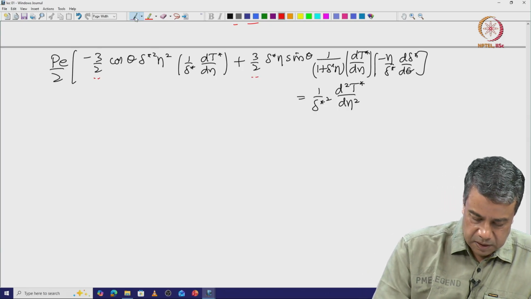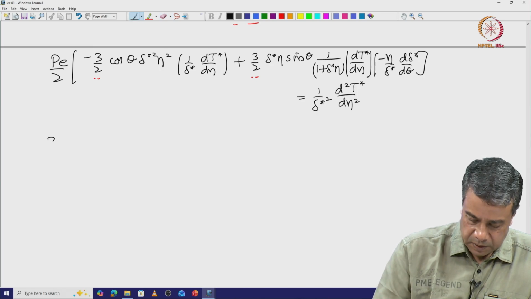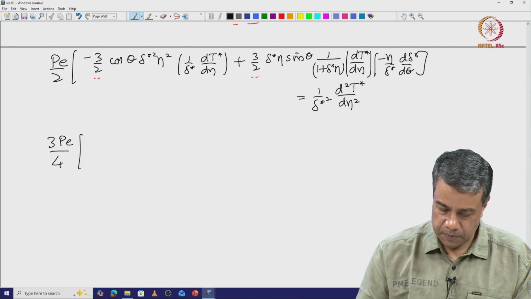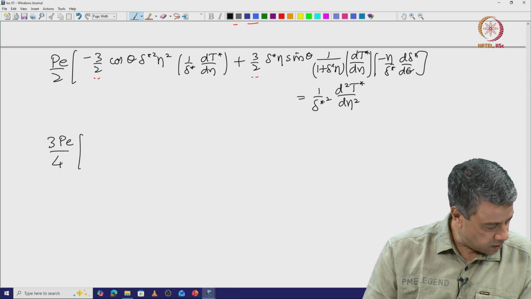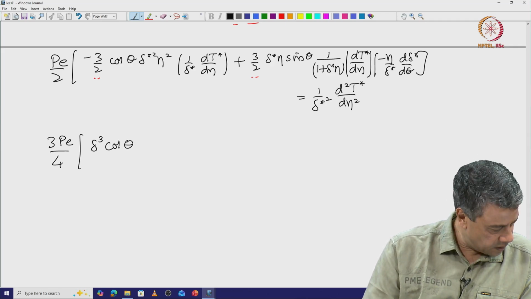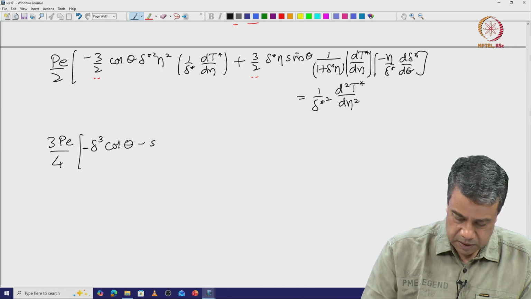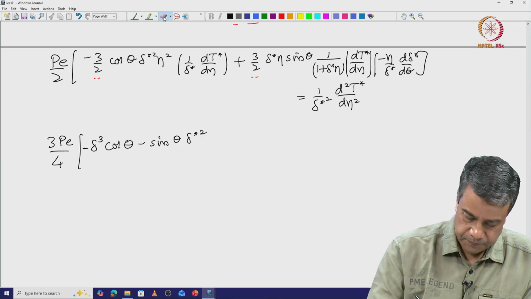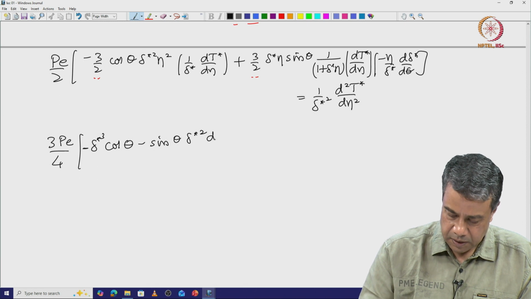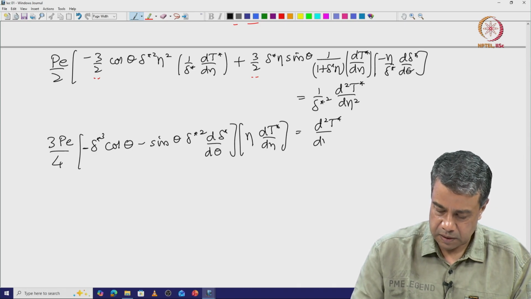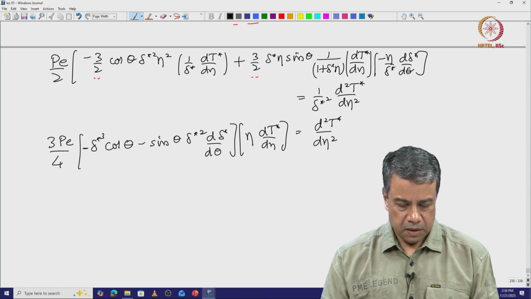So on the left side I will just get 3 Pe by 4, and if I multiply throughout by delta square, I will get delta cubed cos theta, minus sin theta delta square d delta by d theta, into eta dt star by d eta, is equal to d square t by d eta square. So this is the final expression.